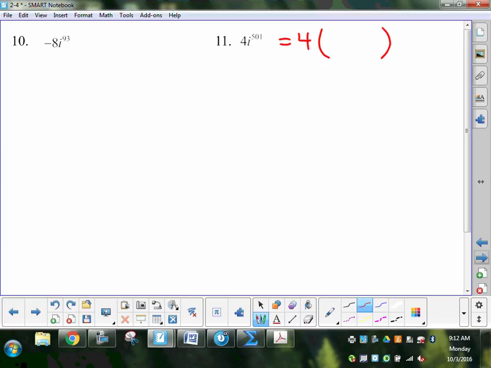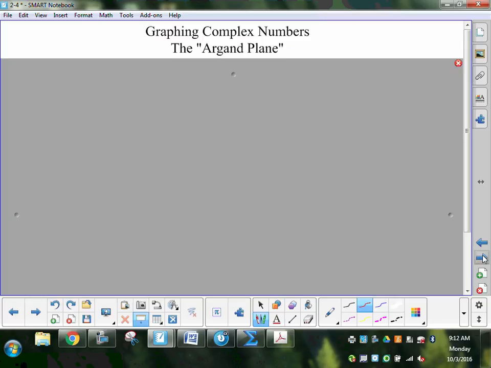Be able to find your multiples. It's going to be an i, because, what multiple did you use to count up to it? 500, yeah. 500 is up top, 501's right next to it. So this is 4 times i, which is just 4i. Questions on that? We're going to show you something towards the end.